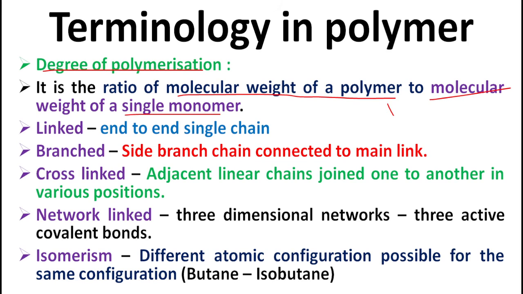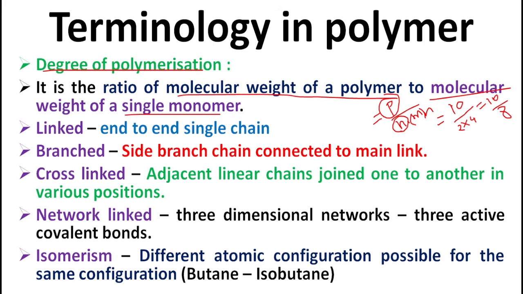The polymer's entire structure is n times m, where n is the number of monomers involved in the polymerization and m is the monomer. Suppose the polymer weight is 10 and the number of monomers is 2.